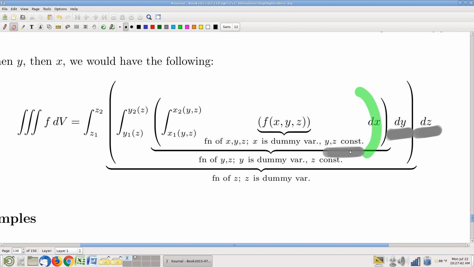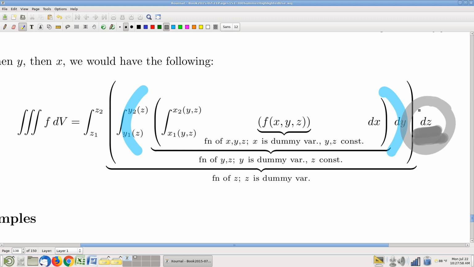Analogously, for the second integral, the middle integral, the y integral, z is still constant. It's on that z slice that we're looking at the range of values of y. There are no x's inside of that y integral, because those x's already integrated out. And the last one is the freebie, the z integral.